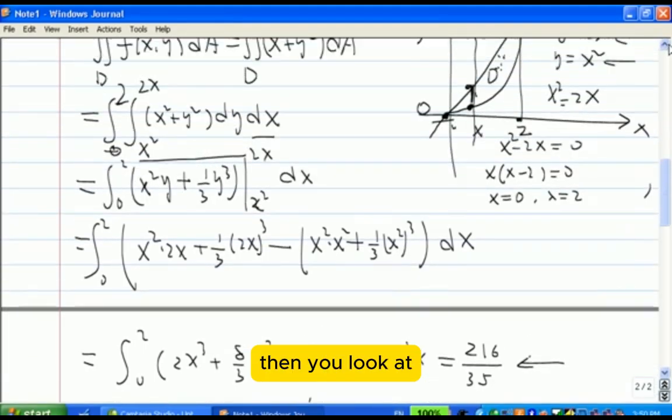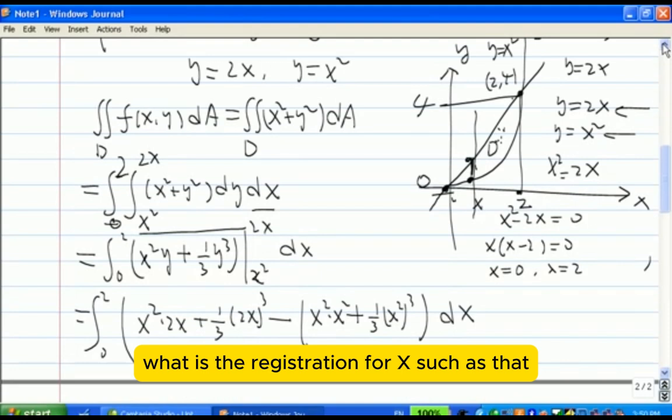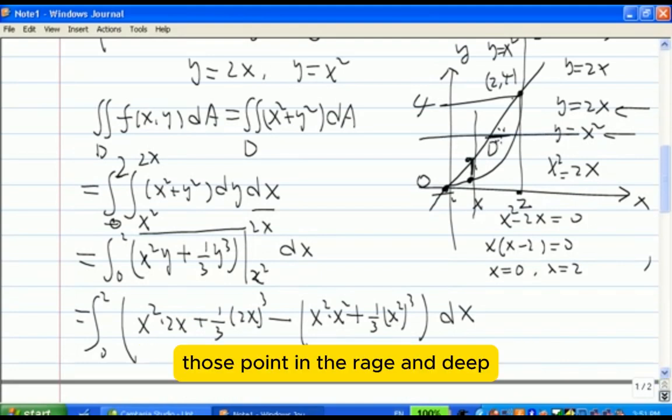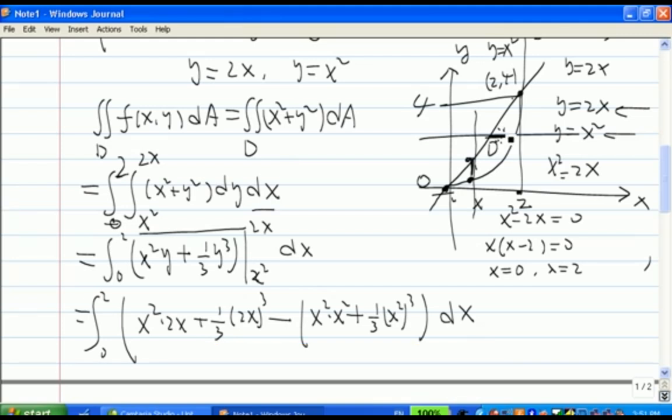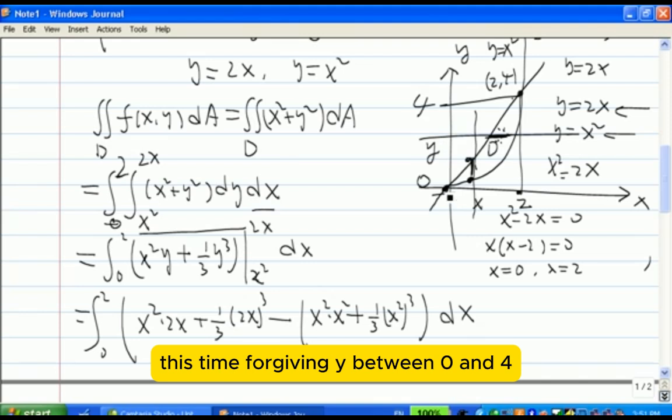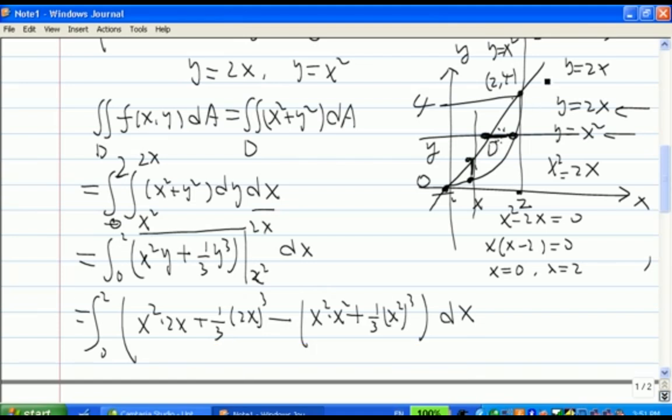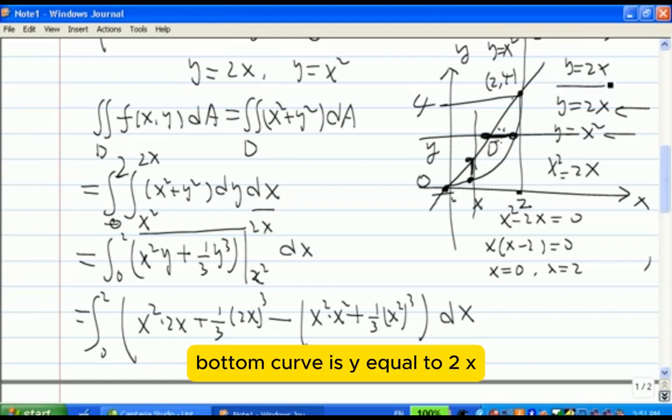Then you look at the restriction for x, such that those points are in the region D. Obviously, for a given y between 0 and 4, your x is bigger than this point and less than that point. Bigger than this bottom curve. What is that bottom curve? The bottom curve is y equals 2x.